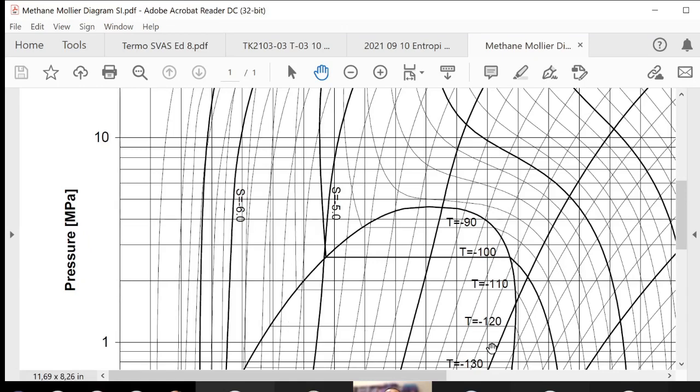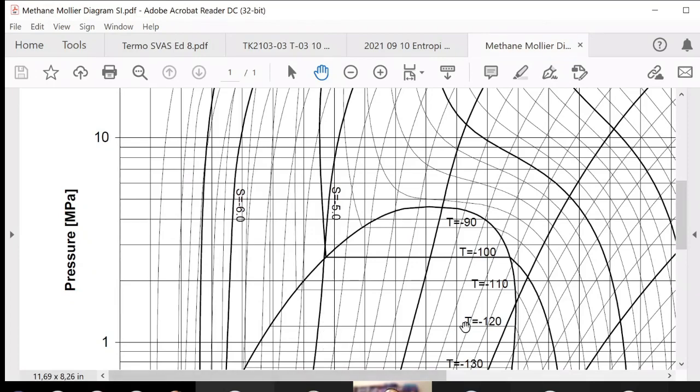Okay, so in between, if I have a point over here, it is closer to the liquid here. So the majority is liquid. Maybe 80% liquid, and then 20% is vapor. That percentage is in mass. So if I assume I have 100 kilograms of methane, then 80 kilograms is liquid methane, and 20 kilograms is vapor of methane.